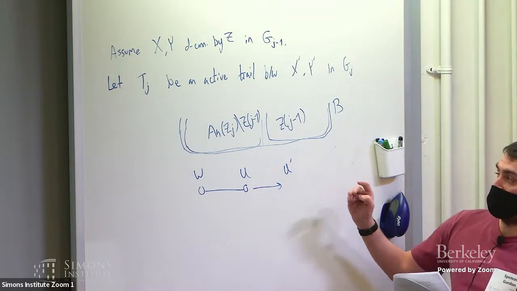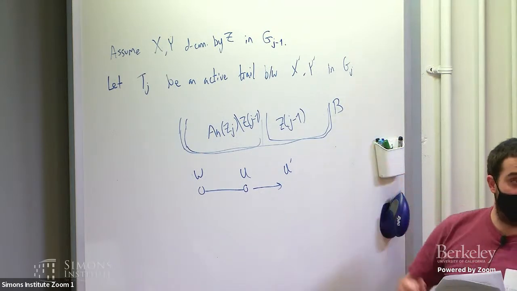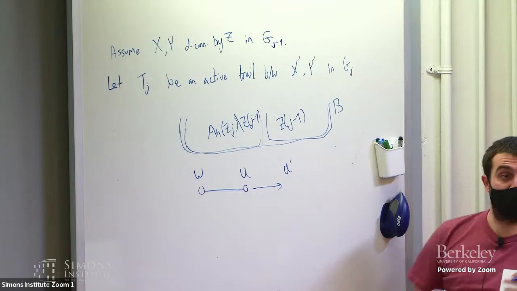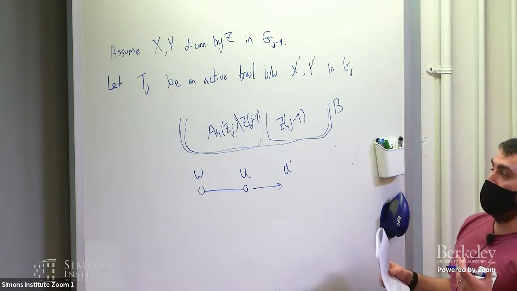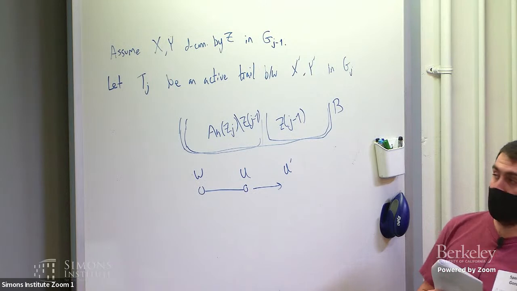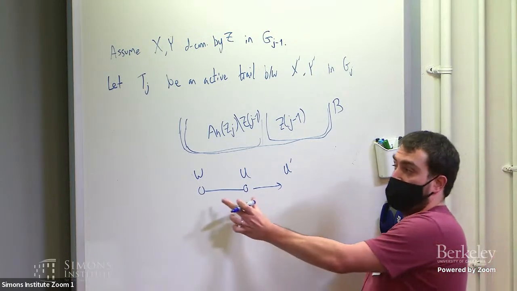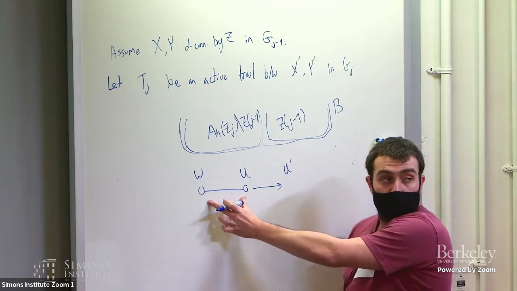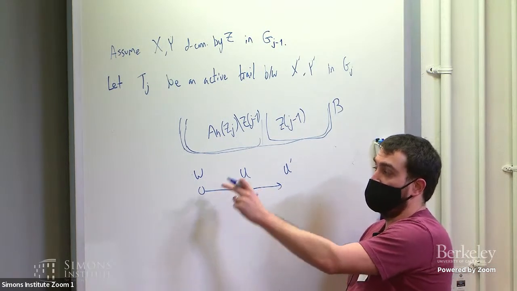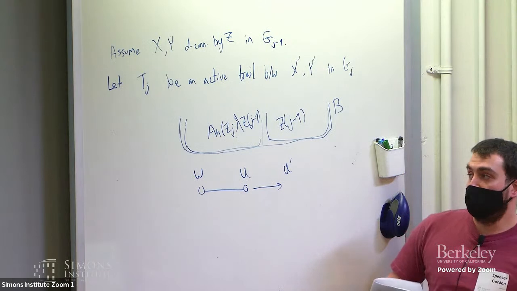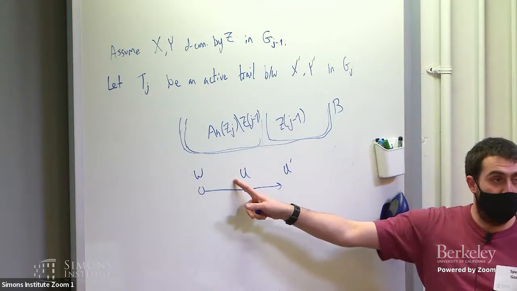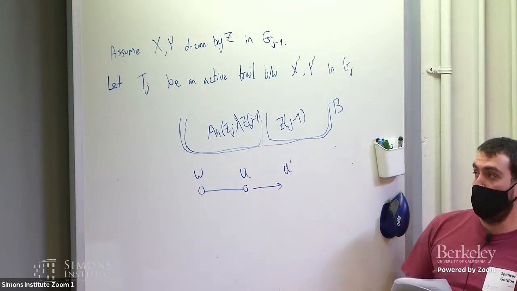And so we want to take this trail in GJ and figure out another active trail in GJ-1 that corresponds to it somehow. What we're going to do is just replace this shortcut with the full sequence of vertices needed to get from W to U in GJ-1.